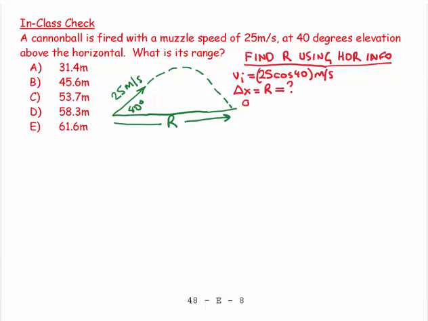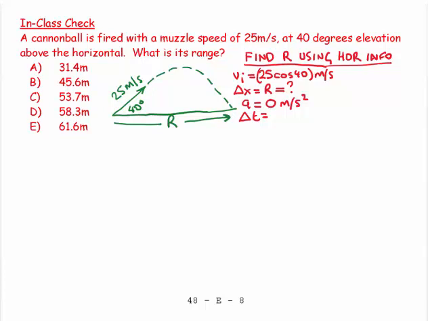I know my acceleration is equal to 0 meters per second squared, not minus 10, because I'm working horizontally. I need one more thing, and the thing I need is time. Now I know that I need time because I've done these things before.